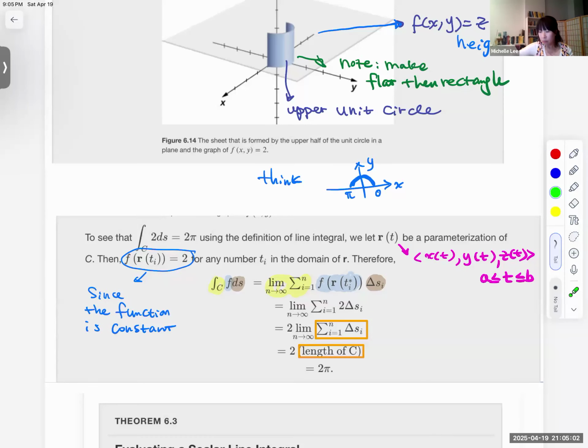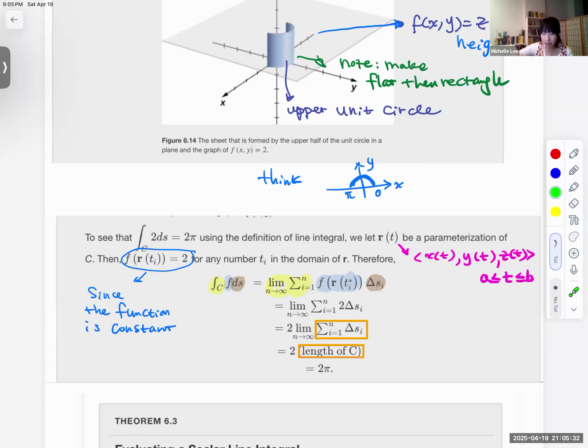Then we have a vector field x of t, y of t, z of t. Then we substitute r of t into f, and this is 2, because we have a constant function.